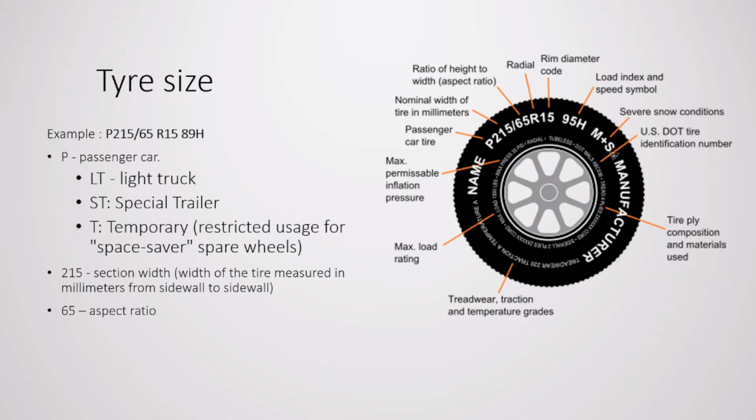The thing that you need to keep in your memory is this: 250 is the tire width in millimeters, 65 is the aspect ratio, a percentage value, 65% here, R is for radial, and 15 is the rim diameter in inches.